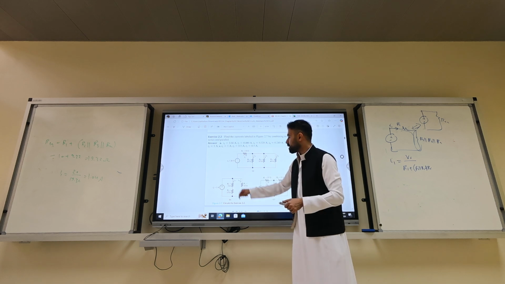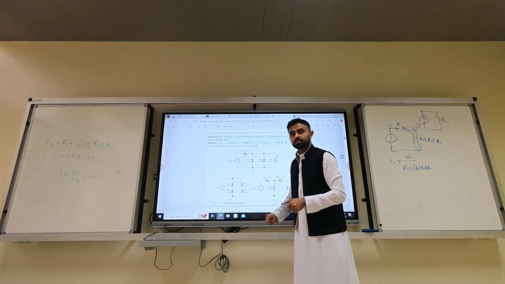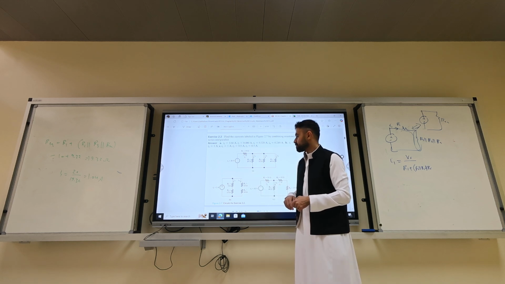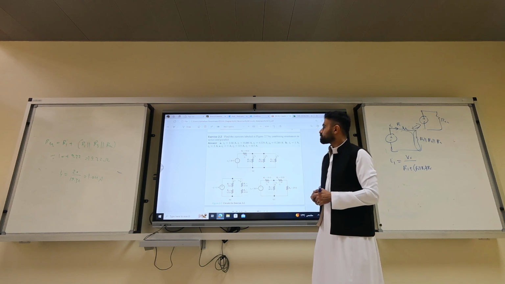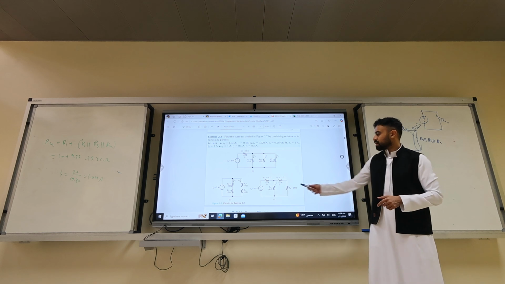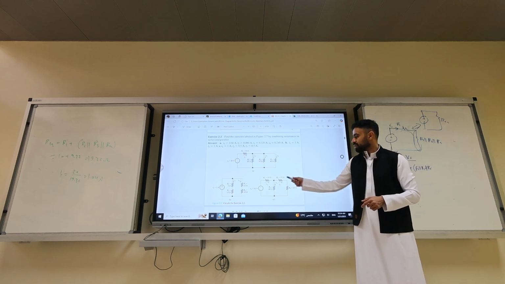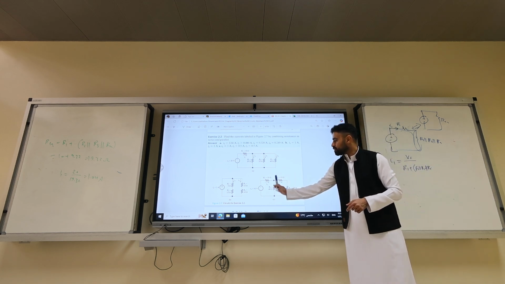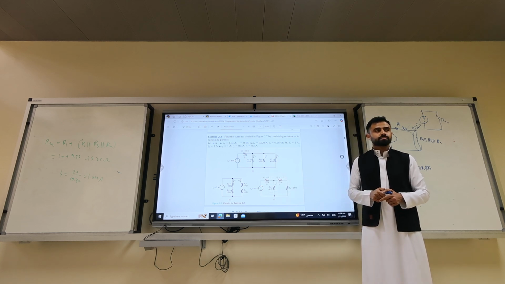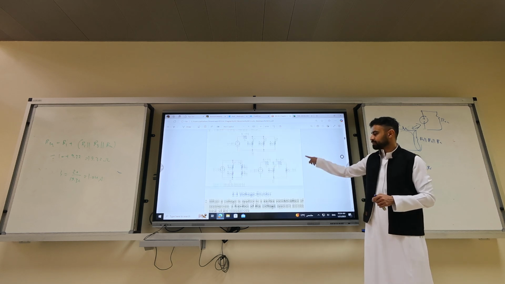Then, what is I1? 20 over 20. What is I2? 20 over 20. And then you see 1 amp, 1 amp. I will leave this for you to solve. R4 series with R3, parallel with R2, series with R1, you can calculate I1. Get it?